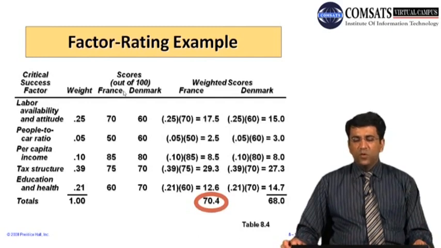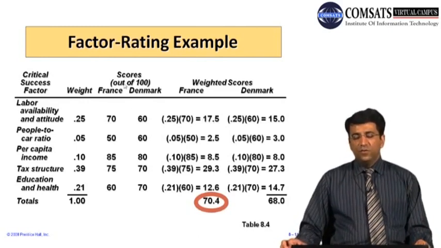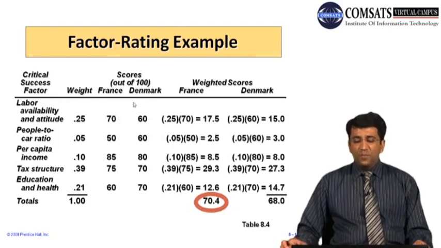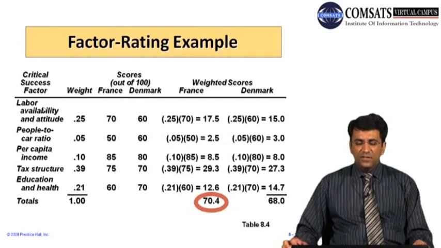Now suppose we have two options: we want a location either in France or in Denmark. What we will have to do is compare that particular location with respect to these factors.